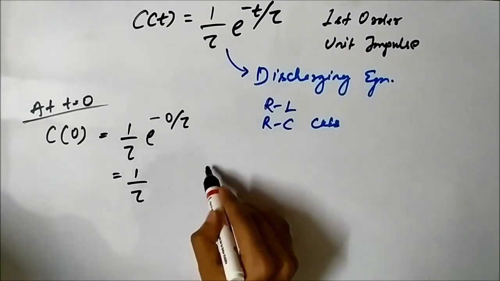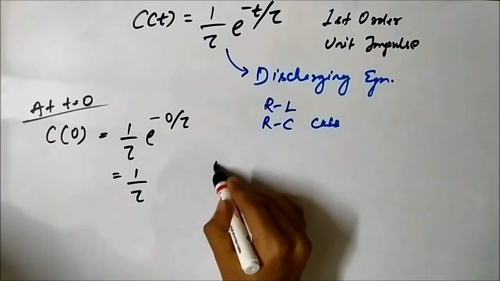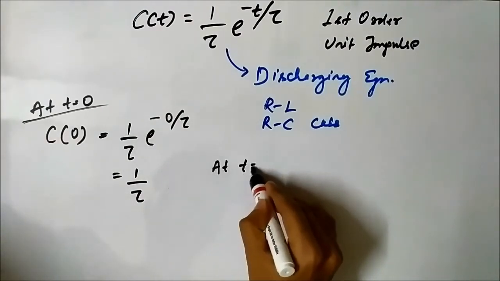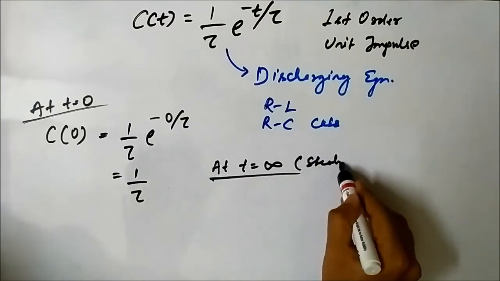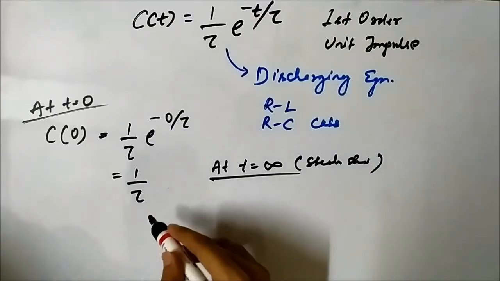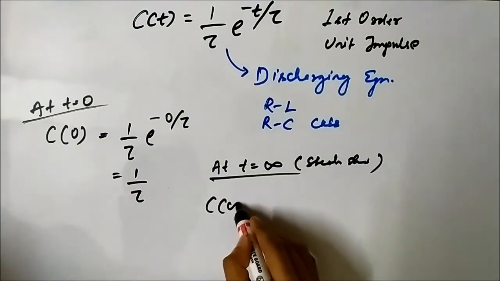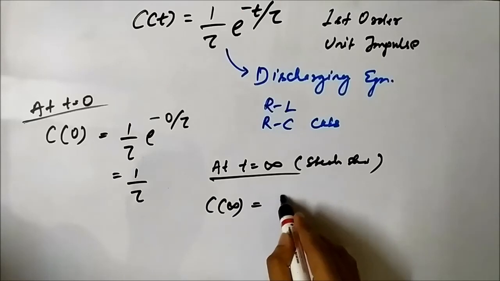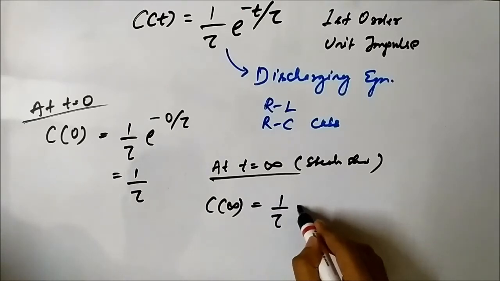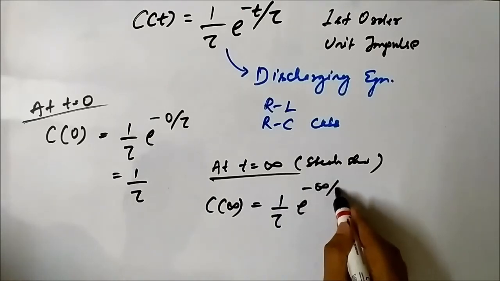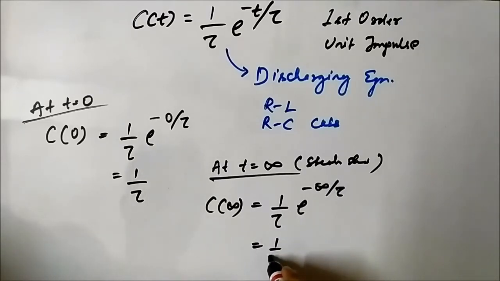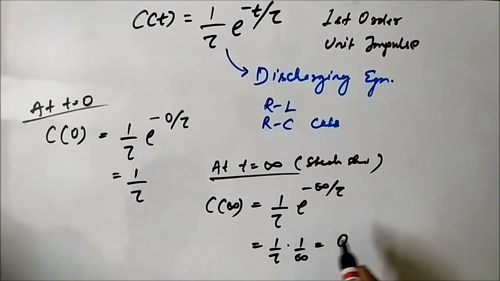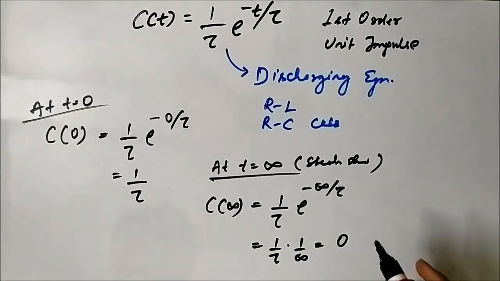And at t equals infinity, means steady state, c(∞) is (1/τ) e^(-∞/τ), which is simply 1/τ times 1/∞, which is equal to 0, as 1/∞ is 0.